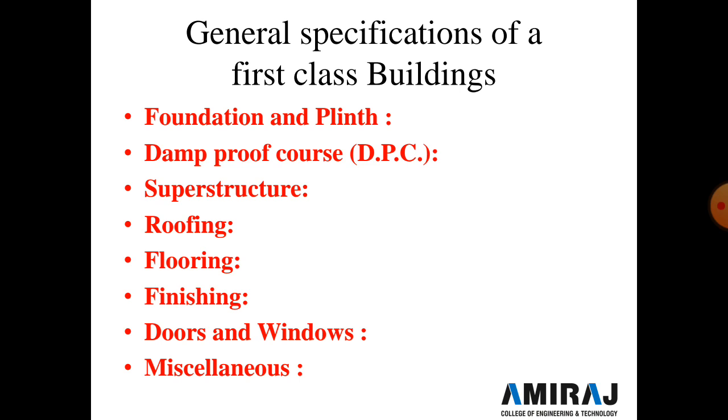Painting is compulsorily required. And at the last, miscellaneous: the rainwater pipe shall be cast iron or asbestos cement, and finished painted. All the sanitary, water supply and electric fittings shall be of first class material generally used in first class buildings.